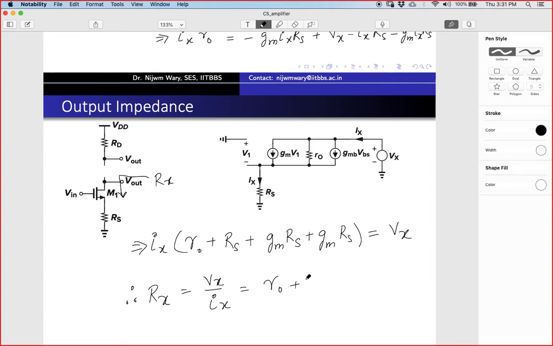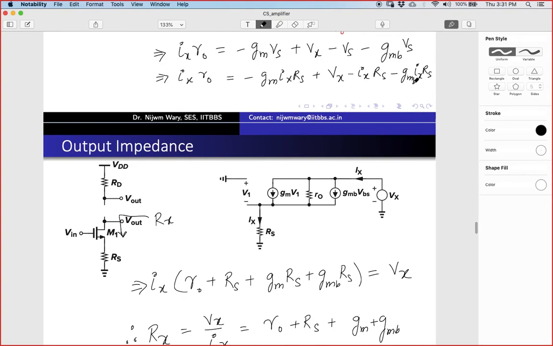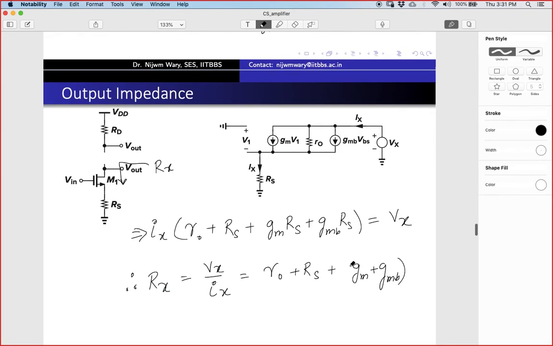So Rho plus Rs plus Gm plus Gmb, the Gmb part always here, into Rho Rs should be there.